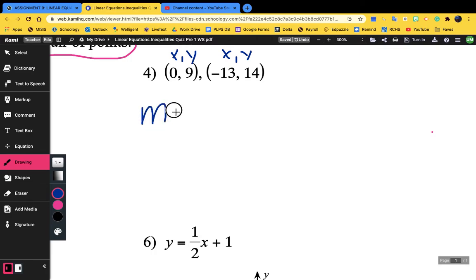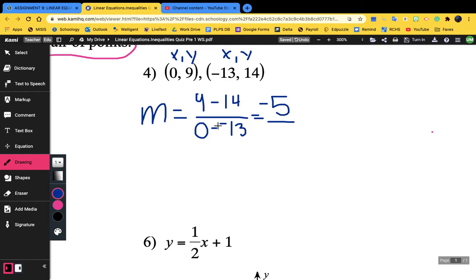M is equal to y minus y, which is 9 minus 14 over x minus x, 0 minus negative 13. This is a positive 9 and a negative 14, so I got to subtract. 14 minus 9 is 5. And since 14 is bigger, and 14 is a negative, the 5 is going to be a negative.